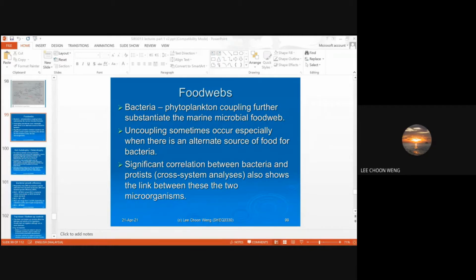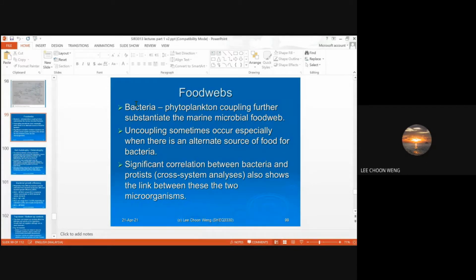So all this could be observations either from lab-based experiments or also from field sampling. So if you look at this slide here, it's mentioned that the bacteria and phytoplankton coupling.